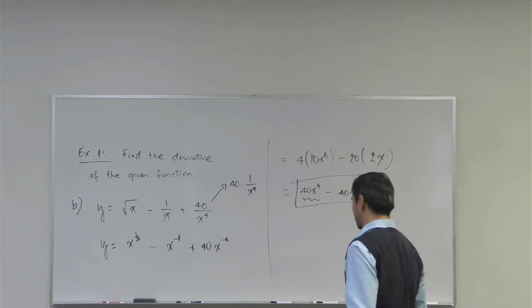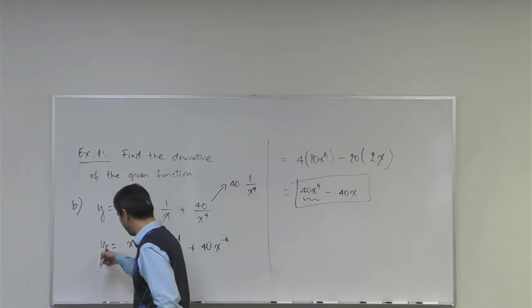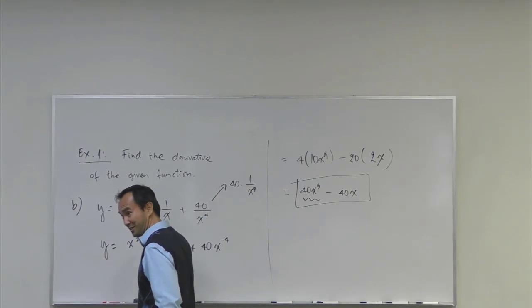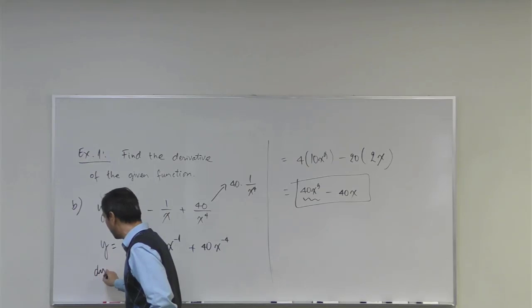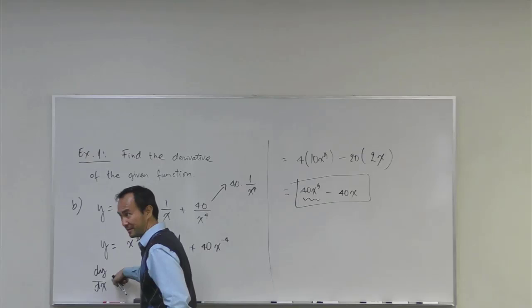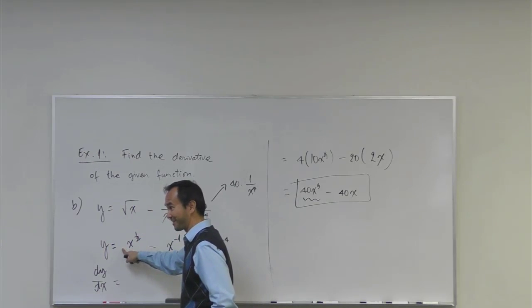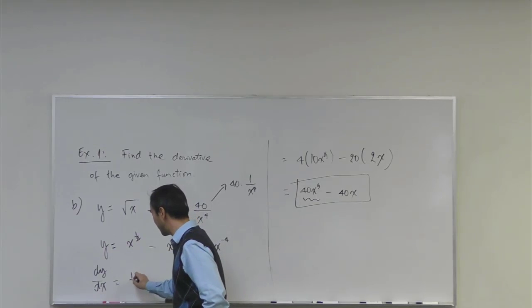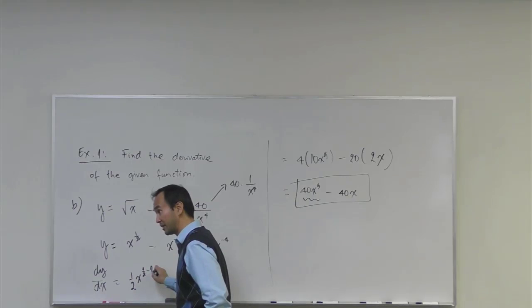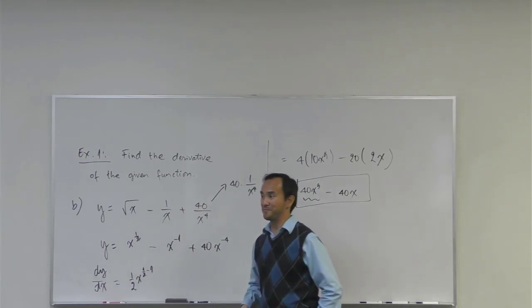So here's where we're starting with this problem. Let me show you how you can skip steps here. Yes, your function goes y equals, right? We stick with the symbol dy dx because x is the main variable, y is the function. But now, first term, coefficient 1, right? The derivative says what? We multiply the 1/2 down, x to the 1/2 minus 1. See what I'm doing there? So we get right to the derivative already. And the coefficient is just nothing other than 1, right?